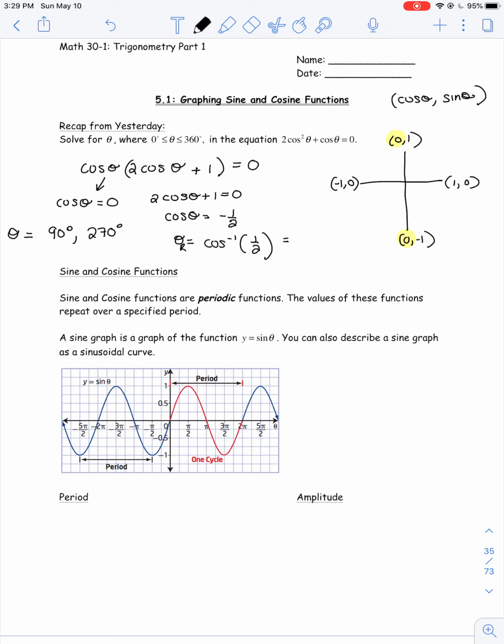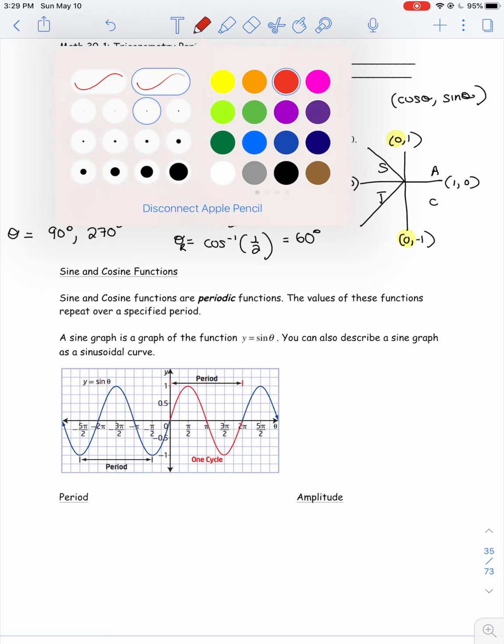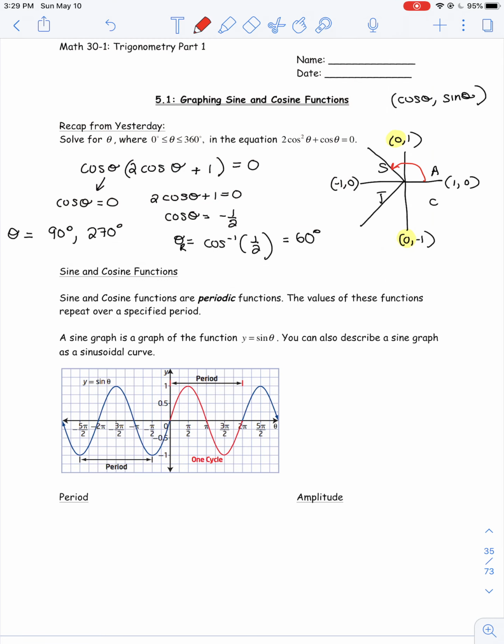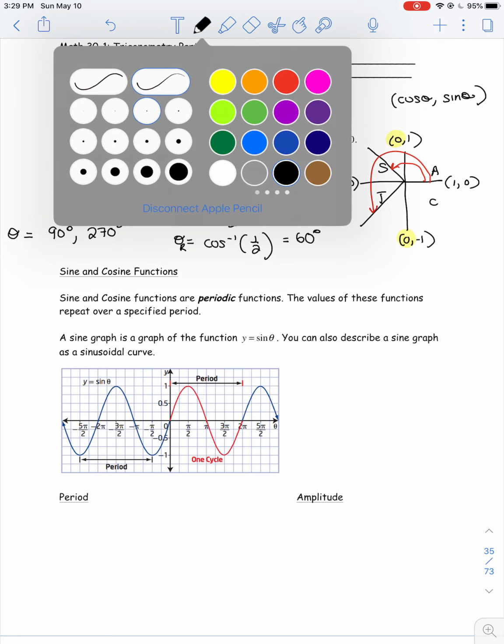So I know that my reference angle is 60 degrees, and because cos is negative, using the CAST rule, C-A-S-T, cos is negative in your second and your third quadrant. So we need to find an answer in quadrant number 2 and then quadrant number 3 to get our final answer.